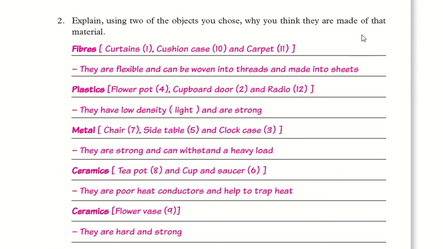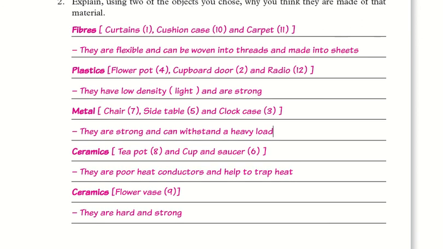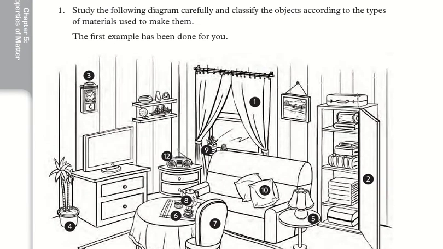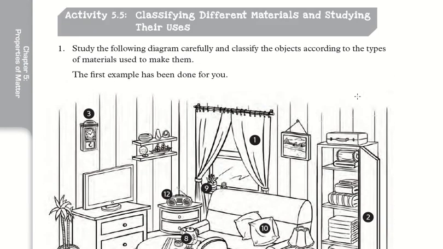So this is basically your first 2 questions of this activity on the different materials and why we use certain materials to make certain things. Okay, so that's all for your activity 5.5. We will come back for other activities another day.